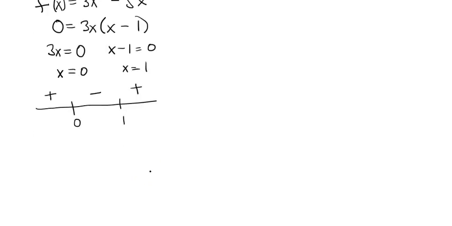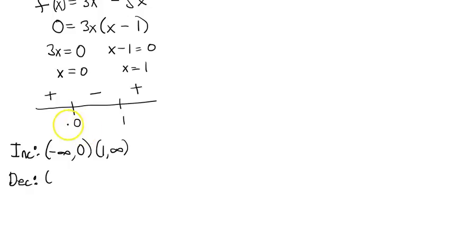So I'm going to come down here and I'm going to write down those things. I know that this is increasing on negative infinity to 0 and on 1 to infinity. I know that it's decreasing there in the middle, which was from 0 to 1.